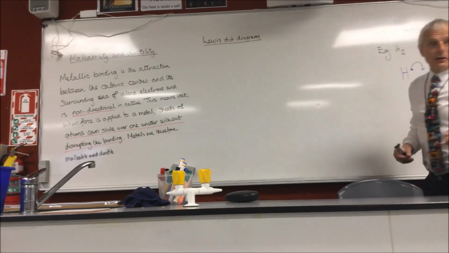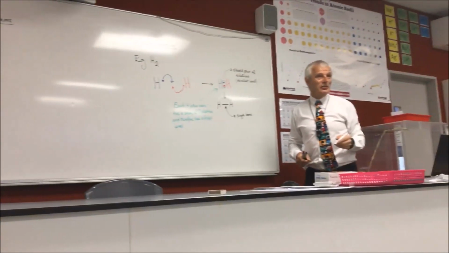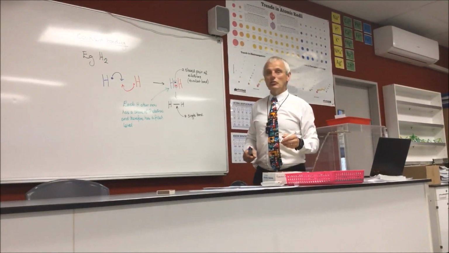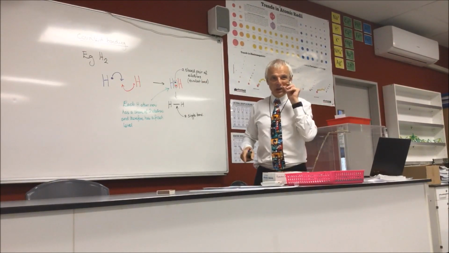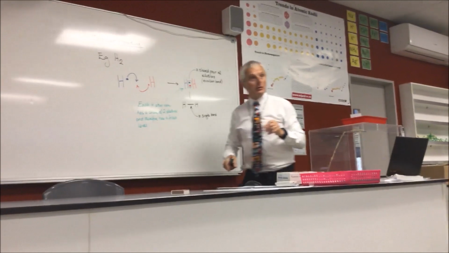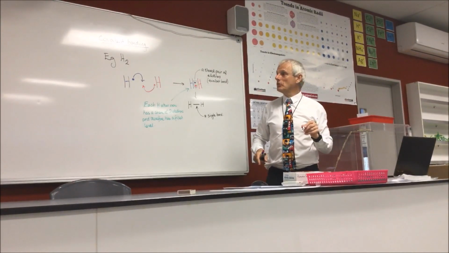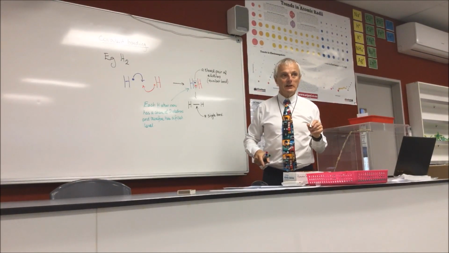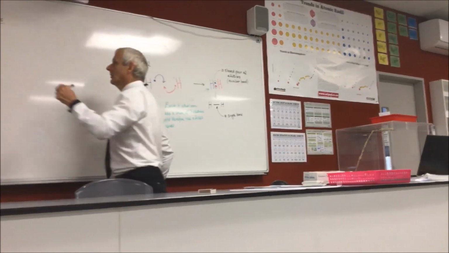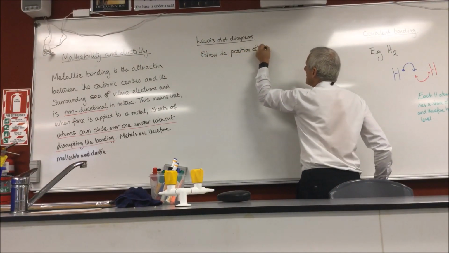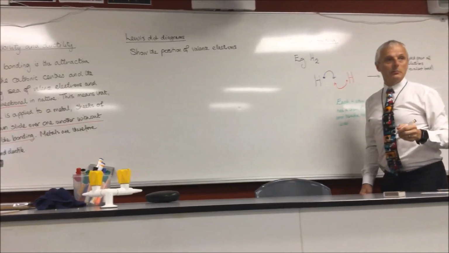Now, Lewis dot diagrams cover quite a range. What we're going to do for the moment is just home in on atoms. And the important thing about Lewis dot diagrams is they only show valence electrons. And you can draw them for any atom.